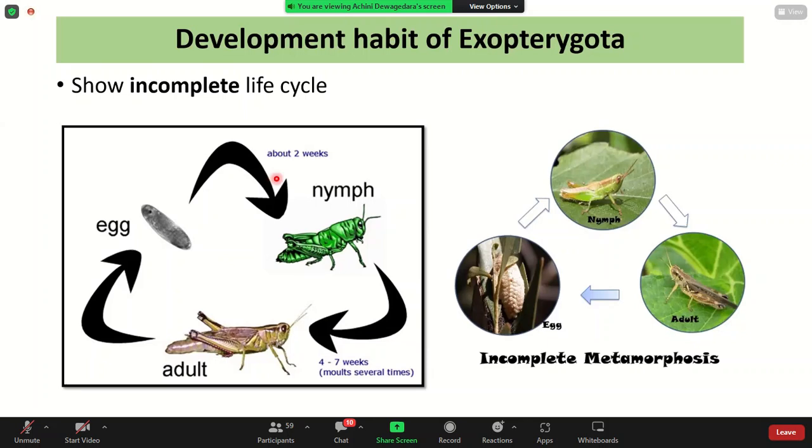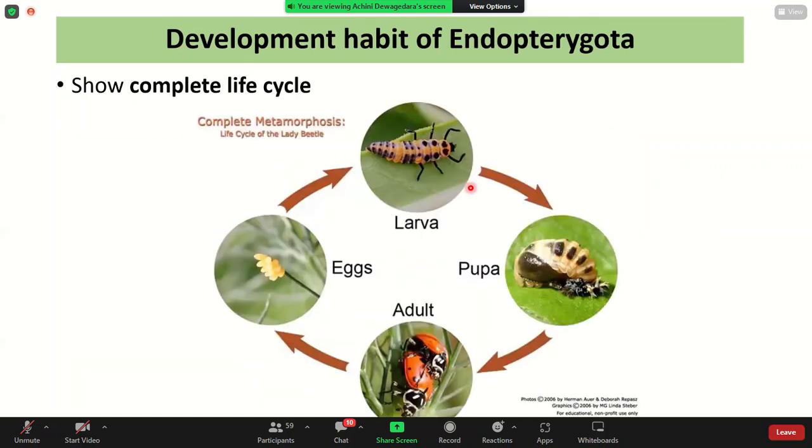Compared to these, endopterygotes have a complete life cycle which has 4 growth stages. There, what we see is eggs, larva, pupa, and adult. In this case, all 4 stages are completely different to each other. Eggs are different to larvae, larvae are different to pupae, pupae are different to adult.